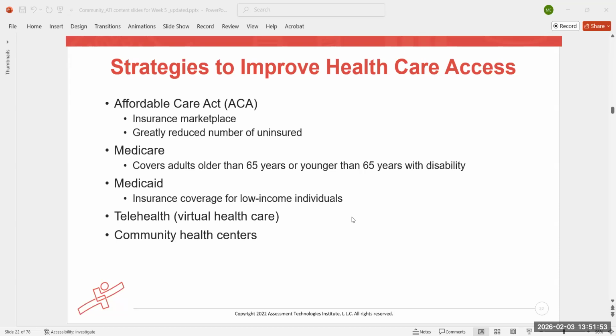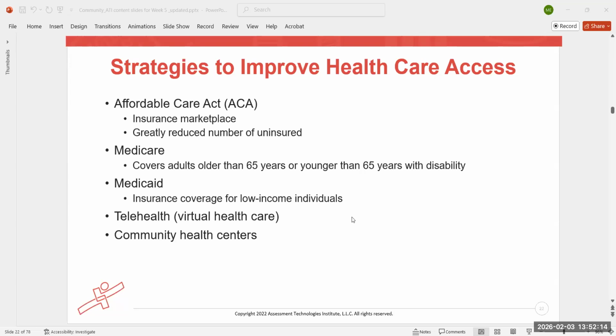There are other pieces such as Medicare and Medicaid. Medicare is going to cover individuals who are older than 65 or younger than 65 with a disability. There are different parts of Medicare, and it looks at different resources.